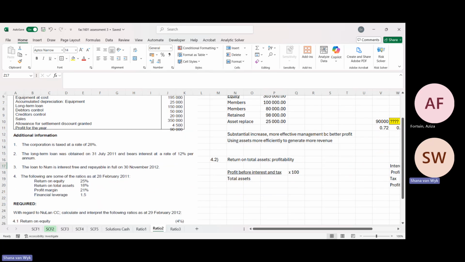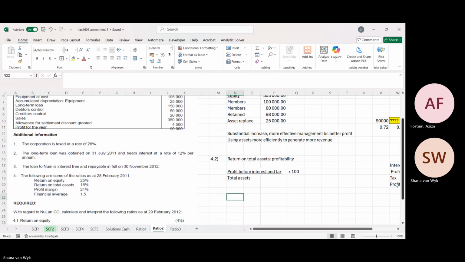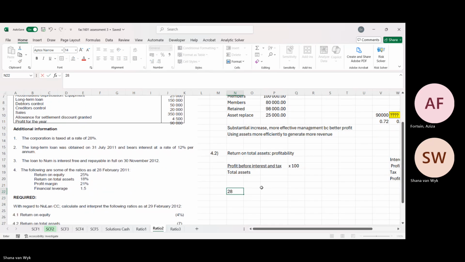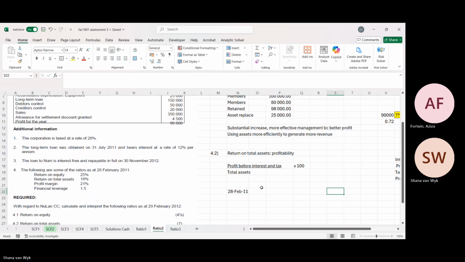Okay, now we need to make a timeline. So from there to there.